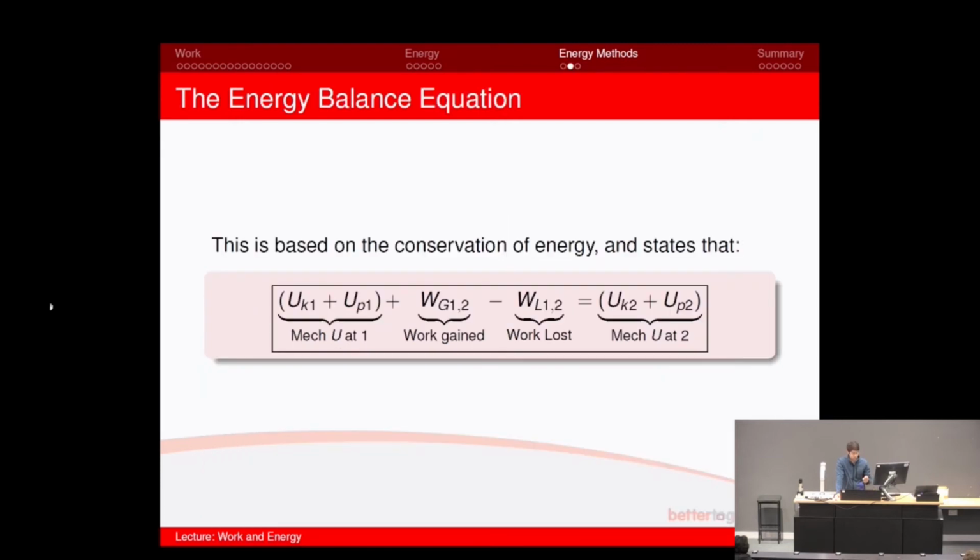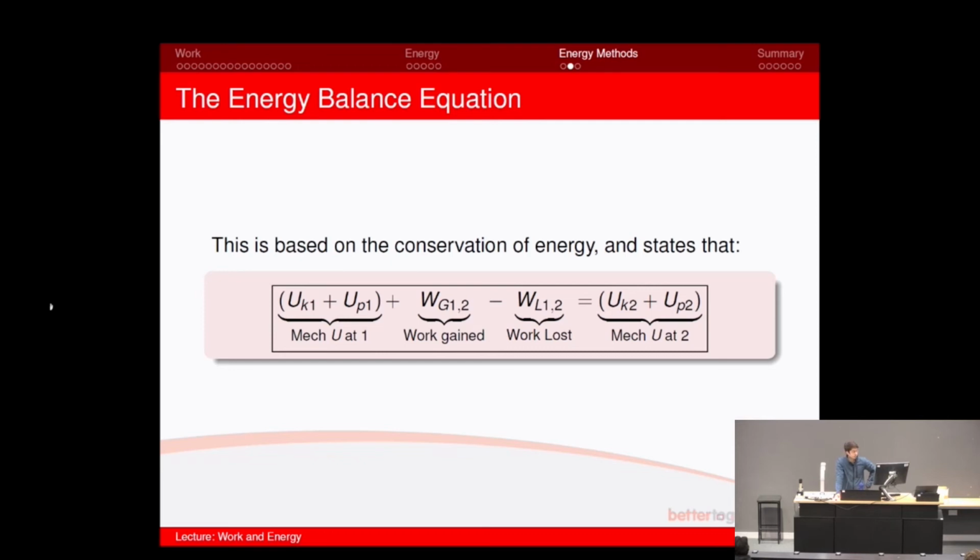And this is the very nice equation that sums it all up. You can see there's an equal sign, which means that the initial situation equals the final situation. So the energy at the start equals the energy at the end.